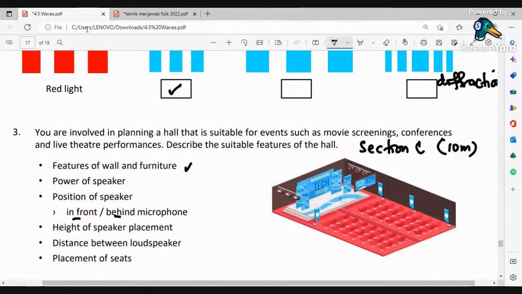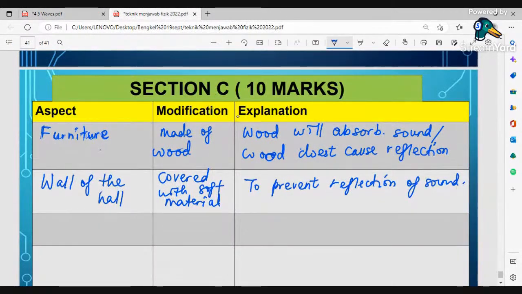Okay, next one is position of speaker. Position of speaker we can put at a higher place.